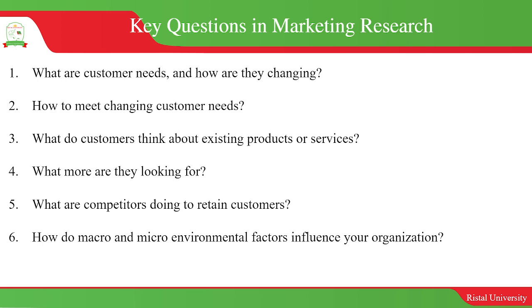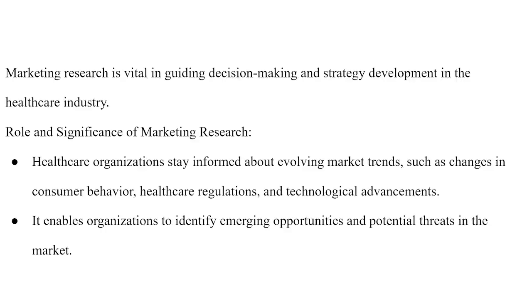And then you can look at the external factors that influence your business operations. They can be at a micro or macro level. You need to look at those factors and see how they will influence your business operations.